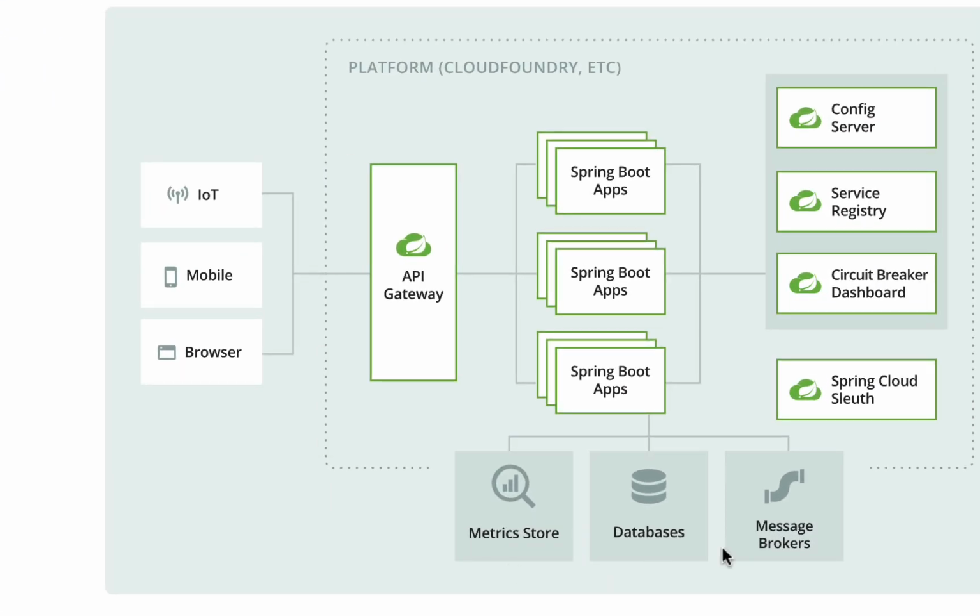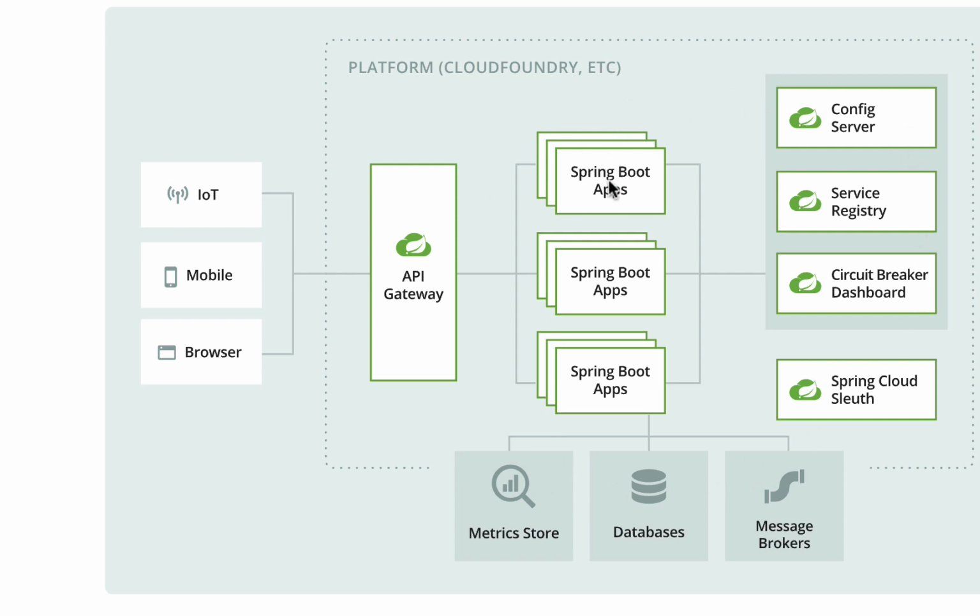You can see here, this is a simple microservice architecture. In this architecture there are different services: Spring Boot apps, Spring Boot apps, Spring Boot apps. Let's say these are the three services in our microservices architecture.